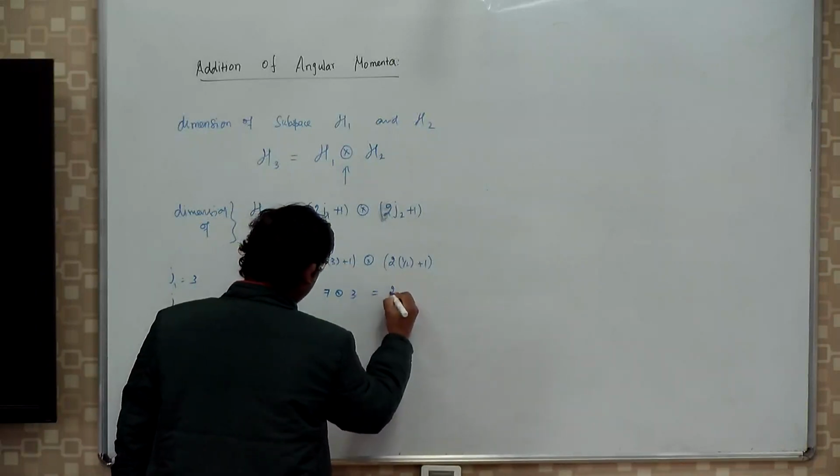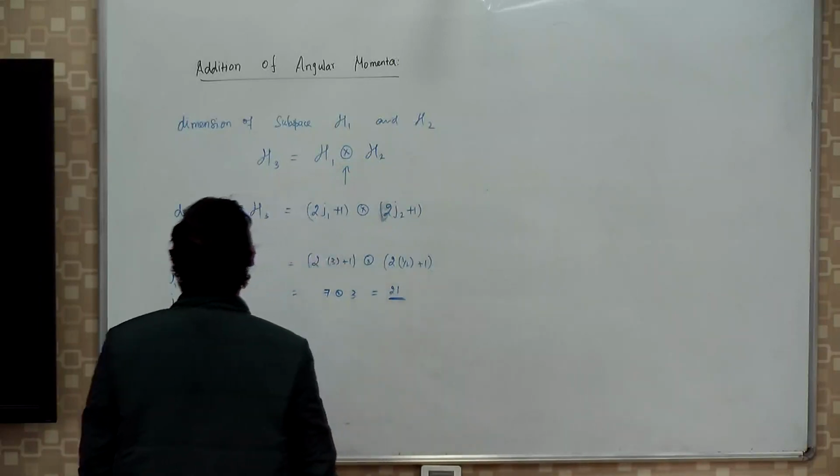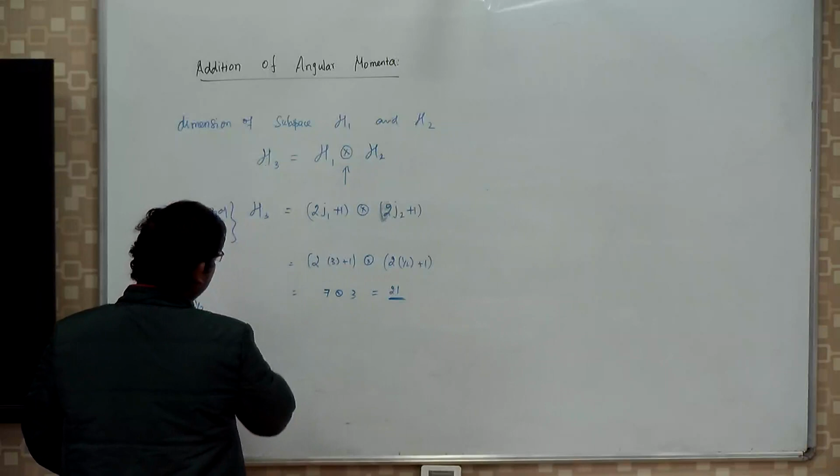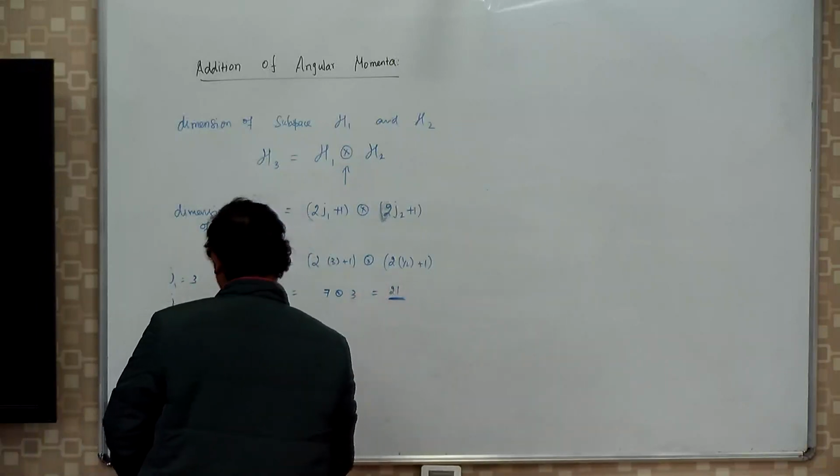So there are 14 there. The composed space, Hilbert space H3, has a dimension of 14.